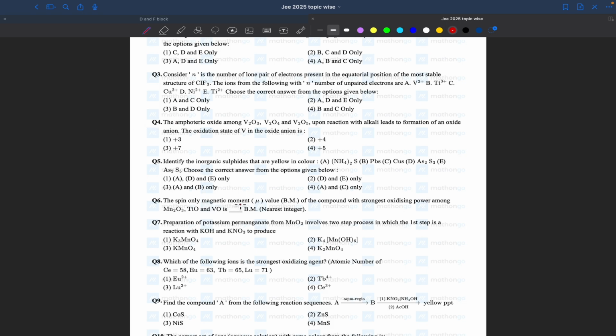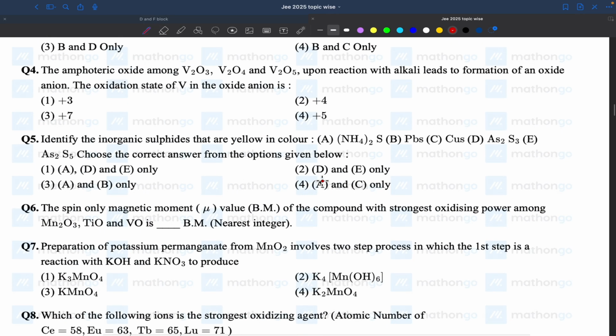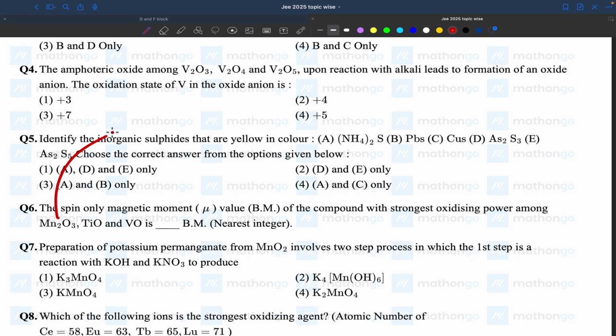The spin only magnetic moment value of the compound with strong oxidizing power among the following is how much? Three compounds are given, and we have to calculate their magnetic moments. How do we do it? In Mn2O3, the manganese oxidation number is +3. Manganese is 4s2 3d5, so Mn+3 will be 4s0 3d4, so we get 4.89.